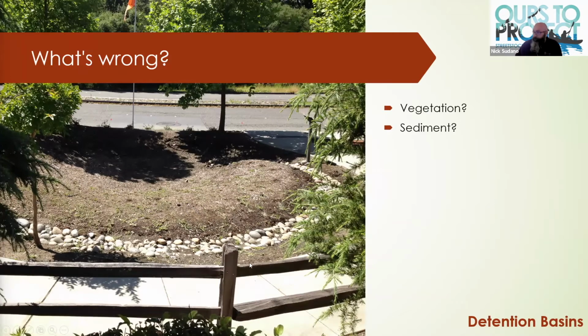Also, your cobble here has a lot of sediment in it that we'd be watching for. It's not going to reduce the flow of water, which is the intent of this, and so we'd want to see those cleaned out in the annual maintenance inspections that we do and what we require the owner to be maintaining.